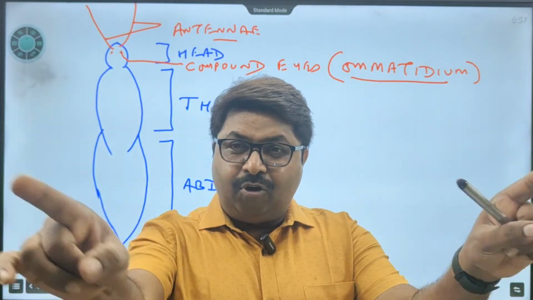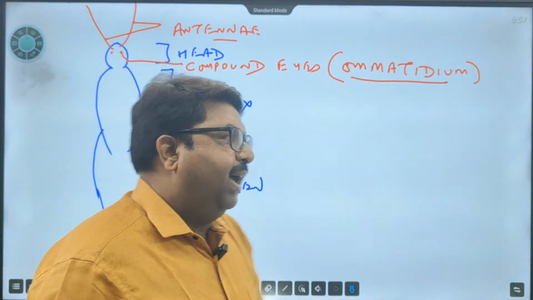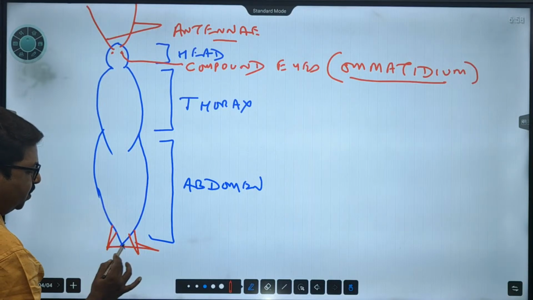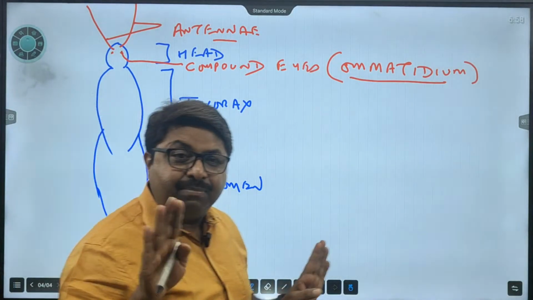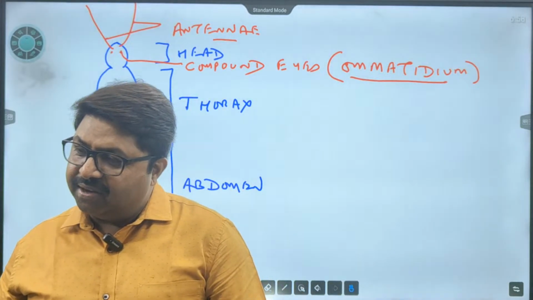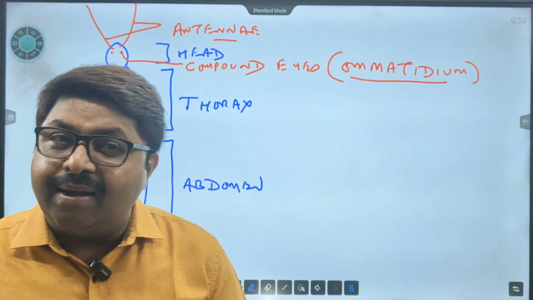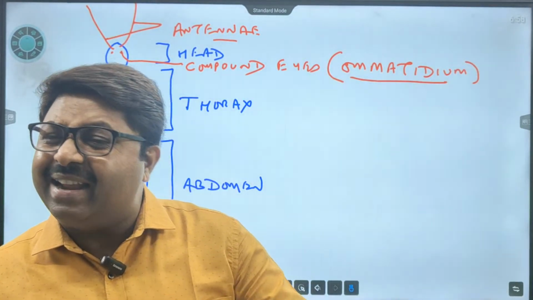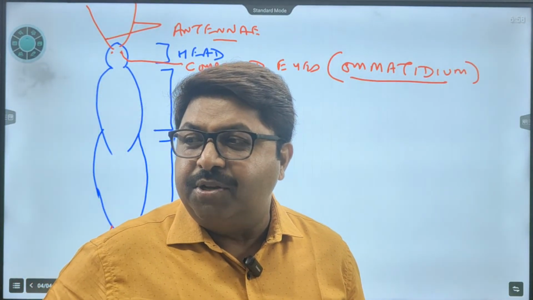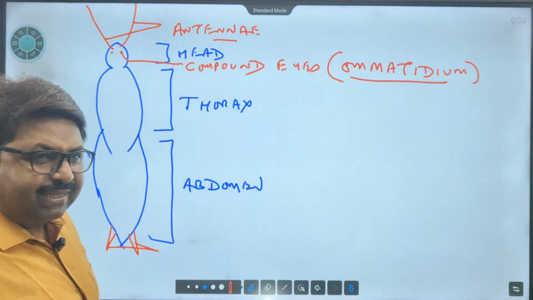So in the front they have got two antenna as a radar, and at the rear they have got two structures which always help link with the ground. So the moment you run after them, they are going to start running at a greater pace, because they can understand the thumping sound that you are making by the help of these two anal cerci.